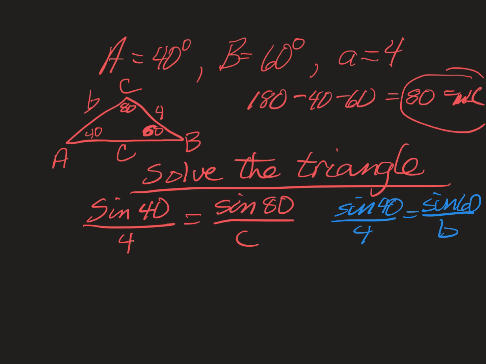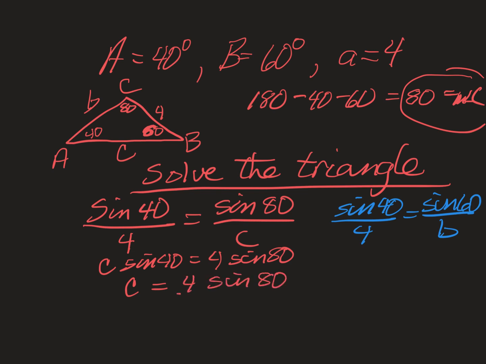All right? And so I can do some cross multiplication and division to get what I want. So on this side, I get C sine 40 equals 4 sine of 80. And then that is C equals 4 times the sine of 80 divided by the sine of 40.